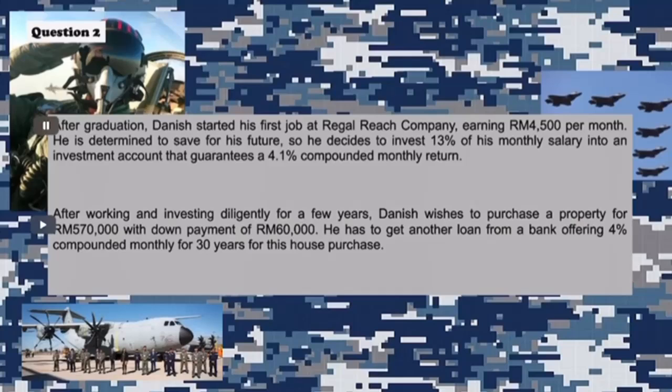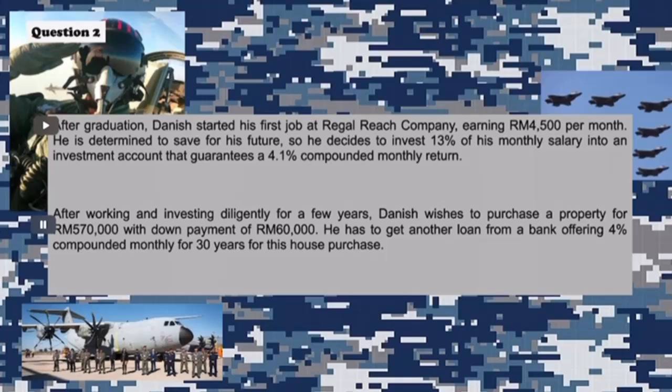Question 2. After graduation, Danish started his first job at Regal Ridge Company, earning 4,500 ringgit per month. He is determined to save for his future, so he decides to invest 13% of his monthly salary into an investment account that guarantees a 4.1% compounded monthly return.